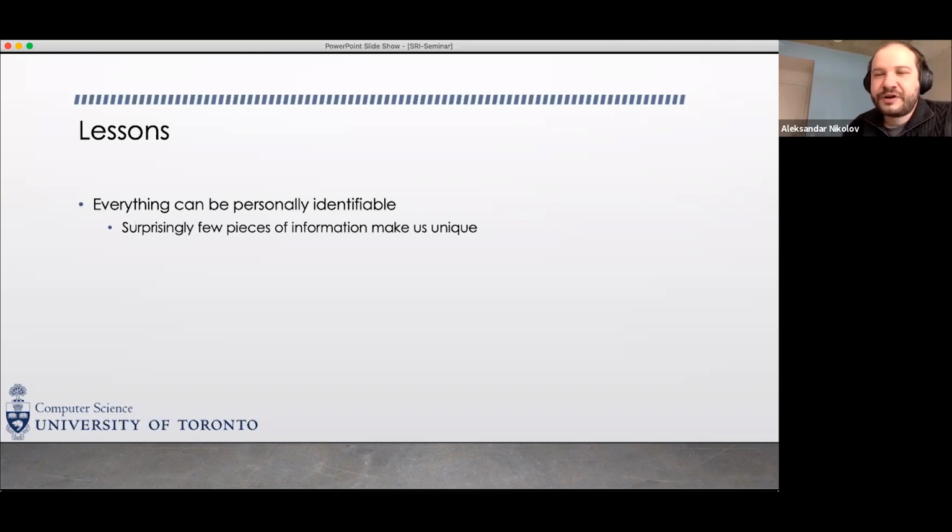And over again, with every next attack, we find a new way that this happens. Surprisingly, a few pieces of information actually make us unique. In a way, what we do is somehow very high dimensional, and we're, I guess, surprisingly unique. Maybe there's some philosophical point there. I'm not sure, but in any case, very hard to say what is personally identifiable, or rather, very hard to say what is not personally identifiable. Turns out that almost everything could be.